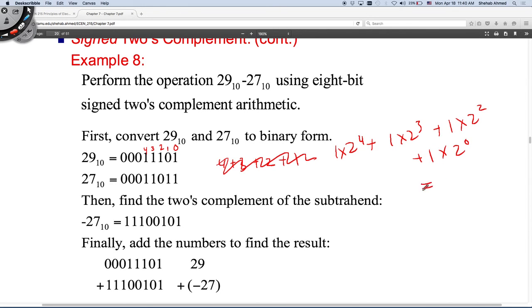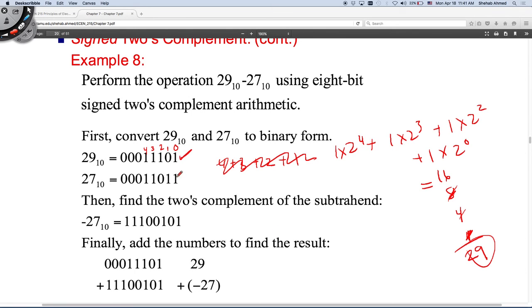That's equal to 16 plus 8 plus 4 plus 1, so 29.